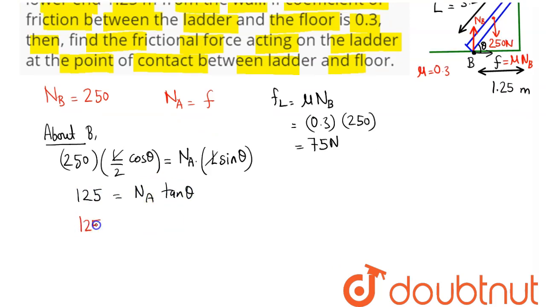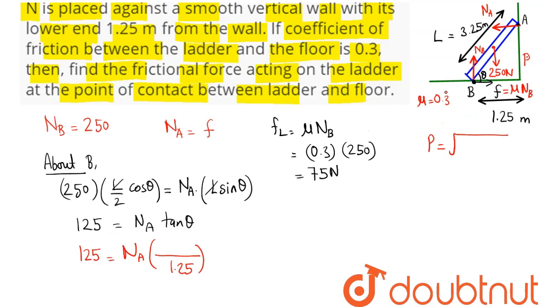So we can say 125 is equal to NA into tan theta, which is perpendicular by base, where the base is 1.25 and the perpendicular distance is the square root of 3.25 squared minus 1.25 whole squared. So this comes to be, on calculation, 3. So 3 meter, this here is our 3 meter.